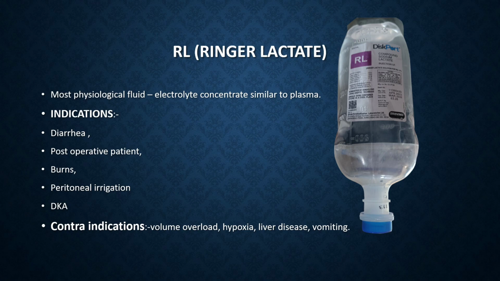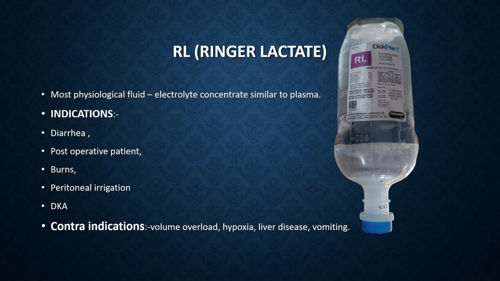Why in liver disease? Because ringer lactate contains lactate, and lactate is metabolized by the liver. If the liver is damaged, then it cannot metabolize the lactate and the lactate level increases in the body. So we should avoid RL during liver disease.